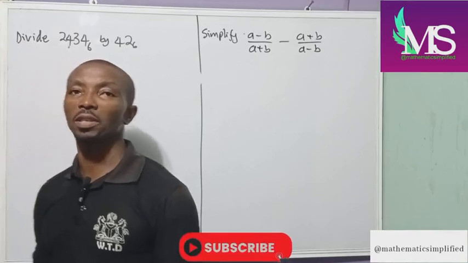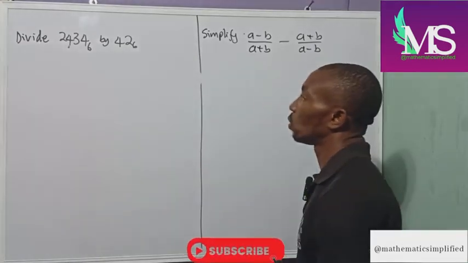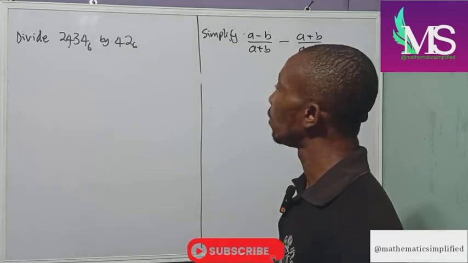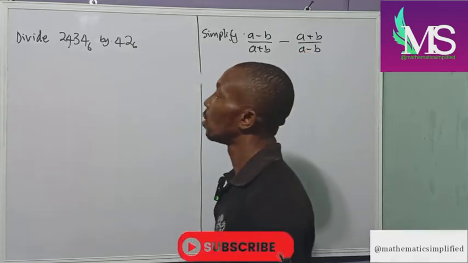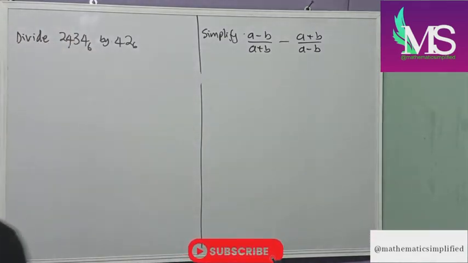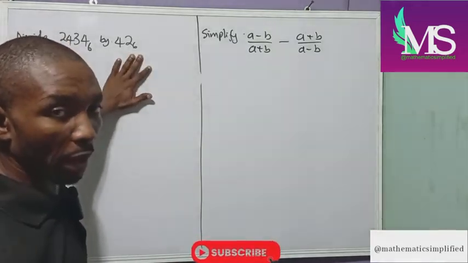Our next set of questions says, divide 2434 base 6 by 42 base 6. Alright, now in order to do this, we first of all convert both of our numbers from base 6 to base 10.